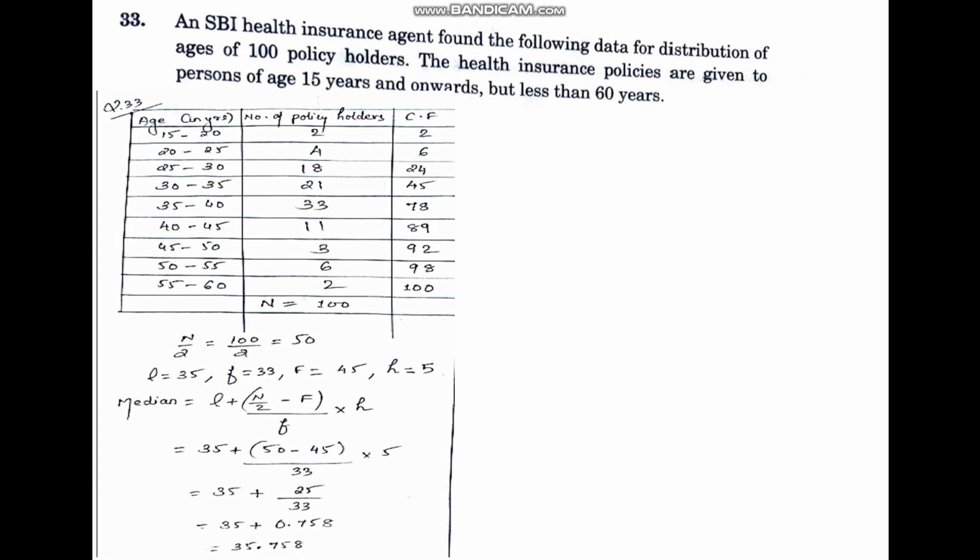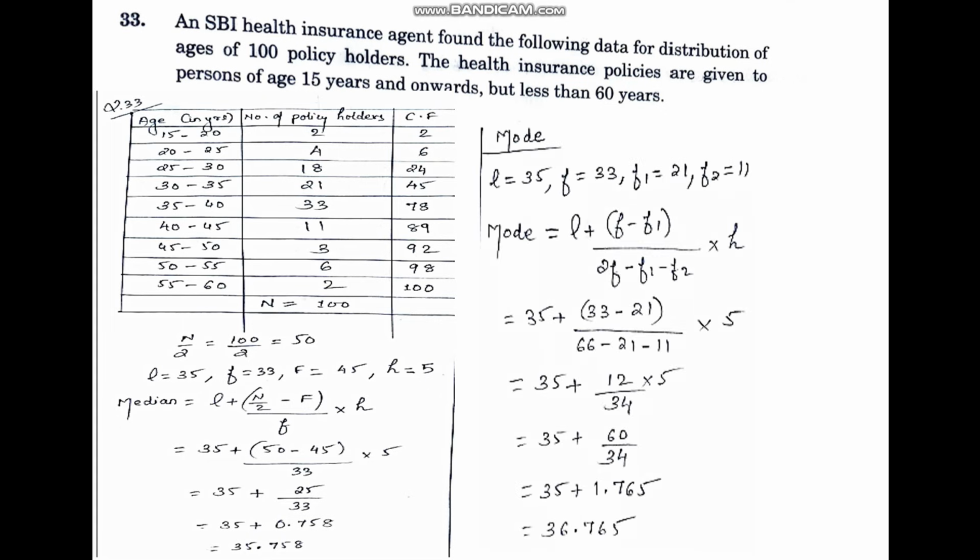The total frequency is 100, half of 100 is 50, and the value in the CF column next to 50 is 78, so the lower limit of that class is 35, frequency is 33. Capital F will be the preceding cumulative frequency, that is 45, and the width is 5. On putting the formula of median, we are getting the answer as 35.758 approximately.